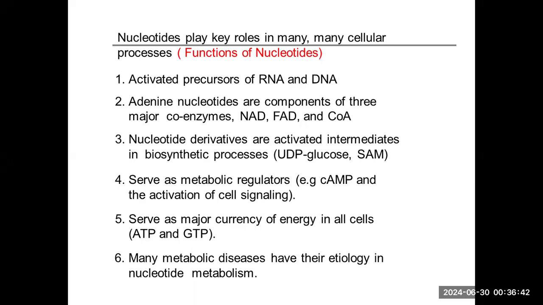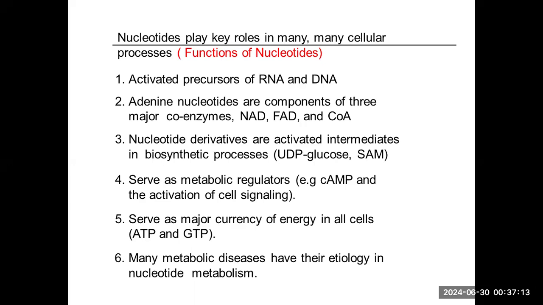Nucleotide derivatives are activated intermediates in biosynthetic processes. Recall the synthesis of glycogen that we have already done. The glycogen molecule is synthesized from glucose, but not directly from glucose, but from an activated form of glucose.